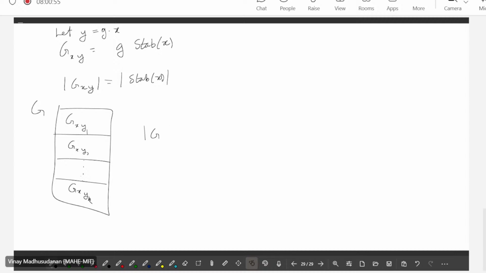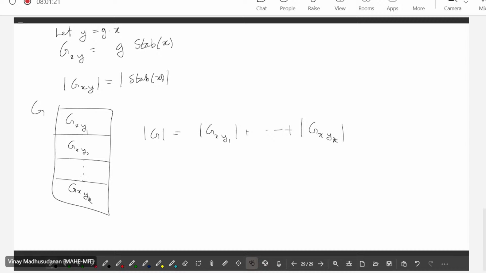So the order of G in the finite case is equal to the order of g_xy1, etc., the order of g_xyk, where y1, y2, etc., yk are all the distinct elements of the orbit.